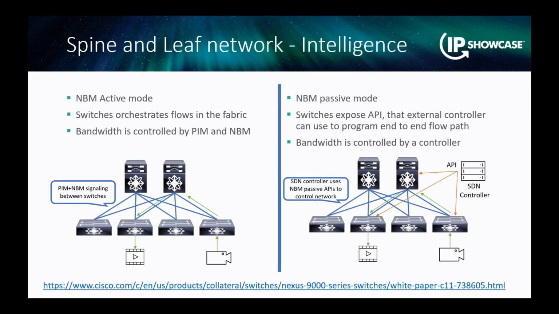So when we talk about Cisco deployments, there are two types of deployments. The first is NBM active, non-blocking multicast in active mode, which is on the left, and that's what we utilized in the example which I showed you before. So the switches are the ones which understand how much bandwidth is present in the system and how much bandwidth each flow carries, and are able to do that calculation and provisioning this way.